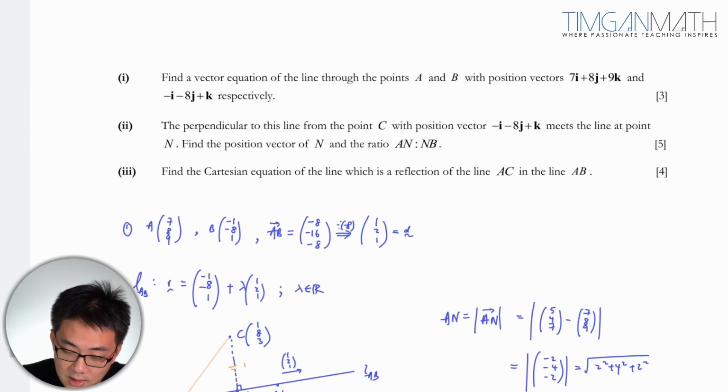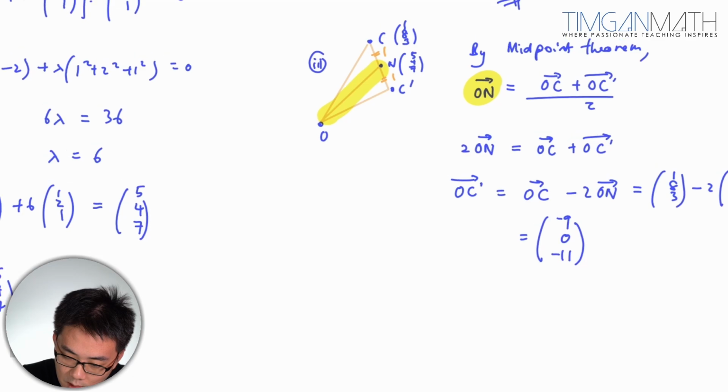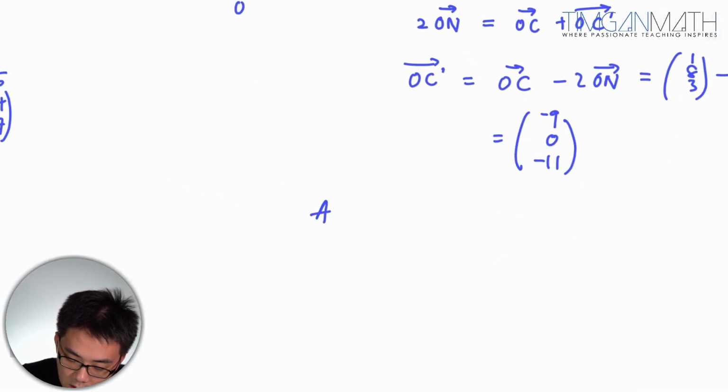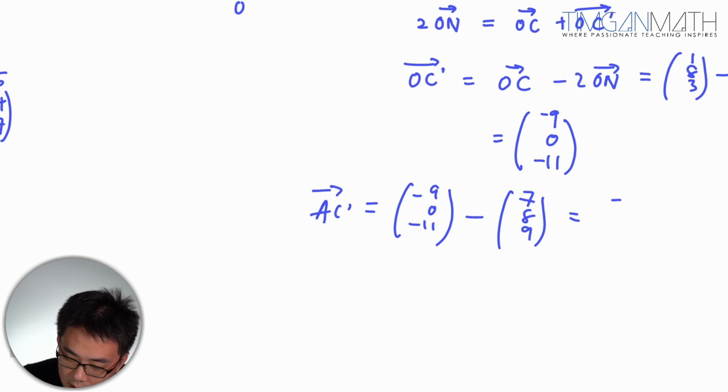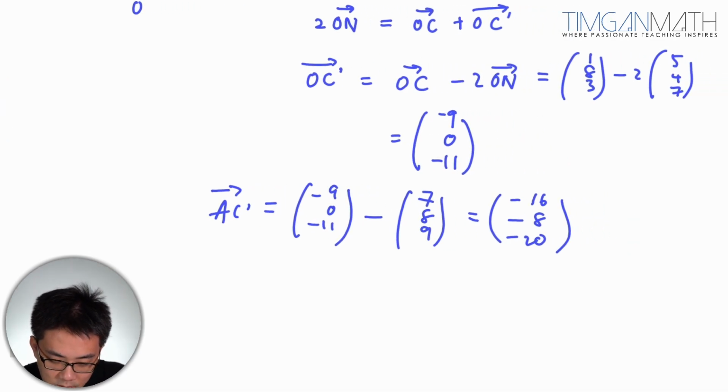What we need now is AC prime. So line AC. Direction of AC prime would be minus 9, 0, minus 11, minus 7, 8, 9, which gives negative 16, negative 8, negative 20. Oh, pretty nice number. Then divided by 4, giving 4, 2, 5.